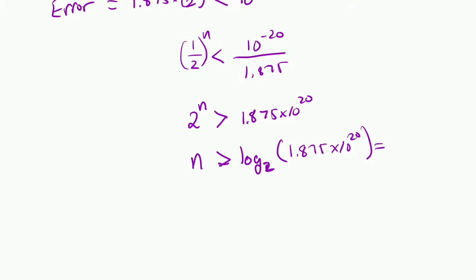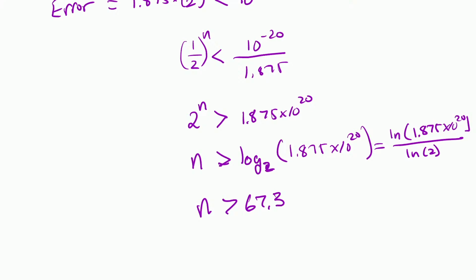That is equal to the natural log of 1.875 times 10 to the 20th divided by the natural log of 2. That's the way you would get a calculator that doesn't have a log base 2 to do a log base 2. So let's do this: the natural log of 1.875 times 10 to the 20th divided by the natural log of 2, done. 67.3. So n is greater than 67.3.